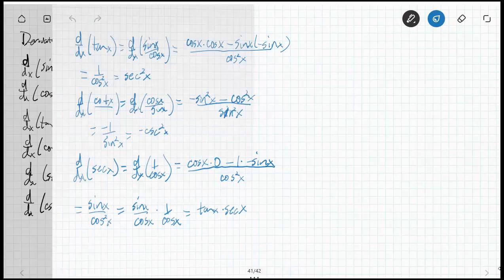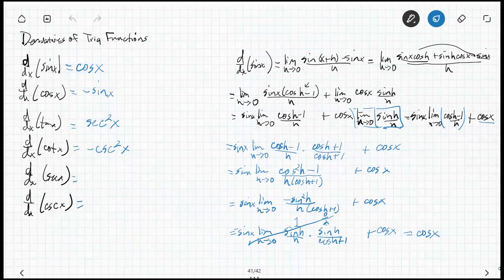So the derivative of secant of x is secant of x tangent of x. Now, you might be able to guess what the derivative of cosecant is, and you could prove it down the road for yourself if you wanted to, but it's negative cosecant of x cotangent of x.